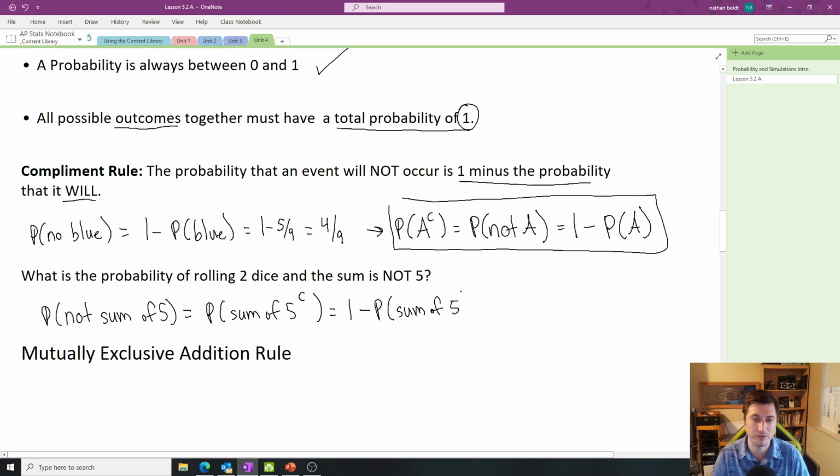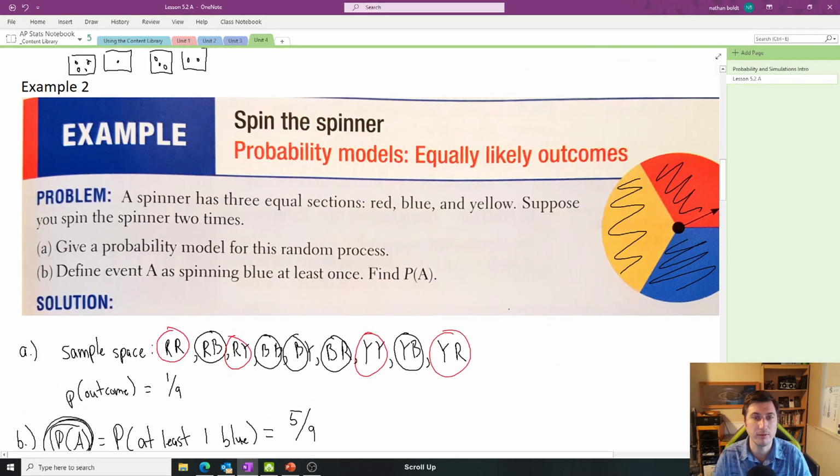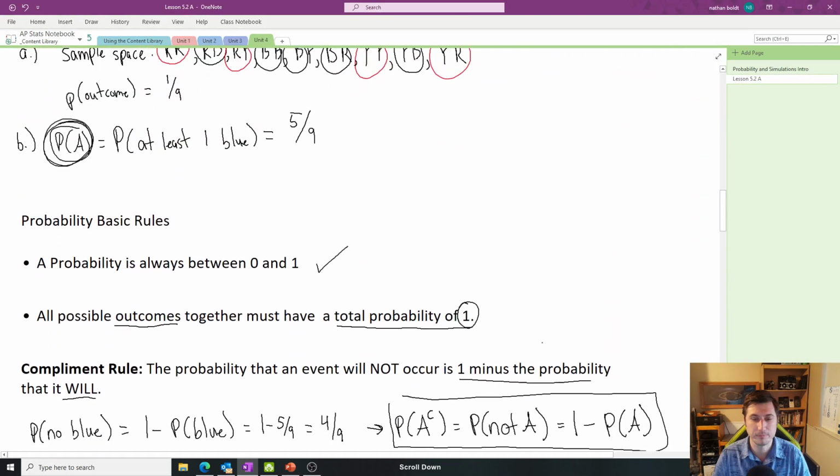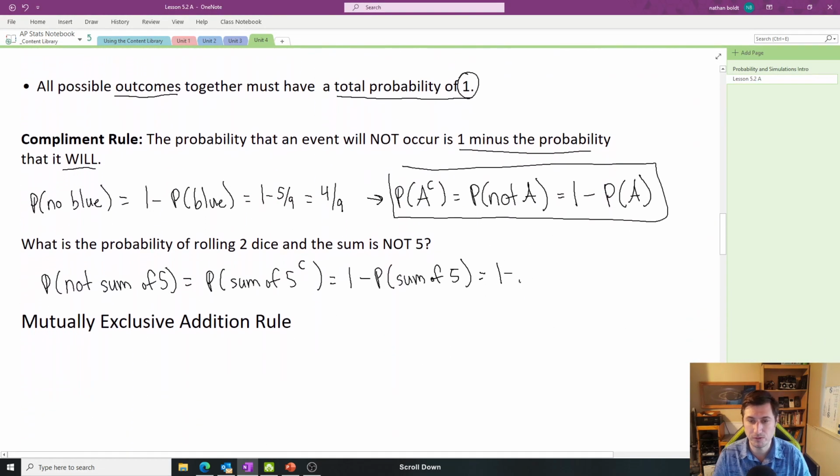Now, of course, you don't have to do all of these, right? These are all the same, just showing you different ways of thinking about it. They are all the same, though. It's all going to be 1 minus, wasn't it 25%? I forget now. Yeah, 25%. There it is. So 1 minus 0.25, which is 0.75. That's the complement rule.